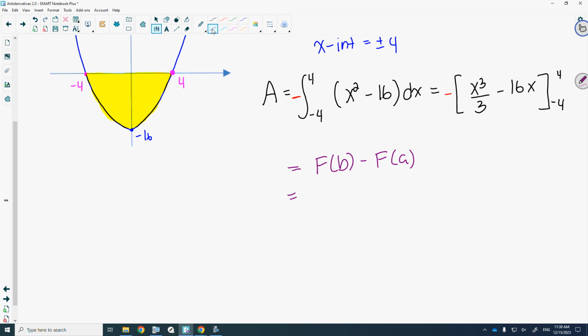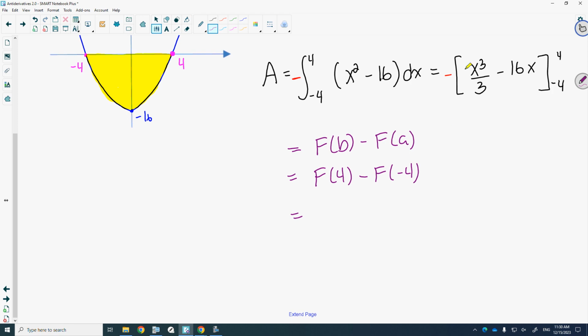And that's going to equal f of 4 minus f of negative 4. 4 cubed is 64 over 3, minus 16 times 4 is 64. Minus, and then we're going to do f of negative 4.